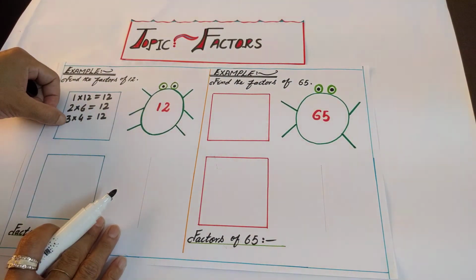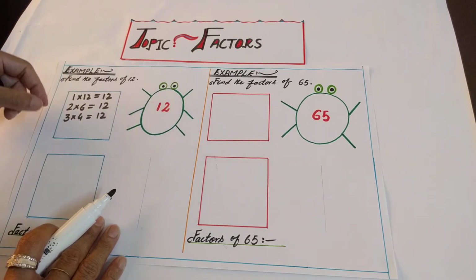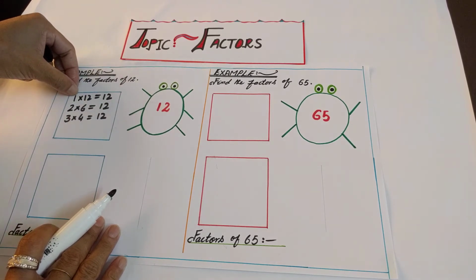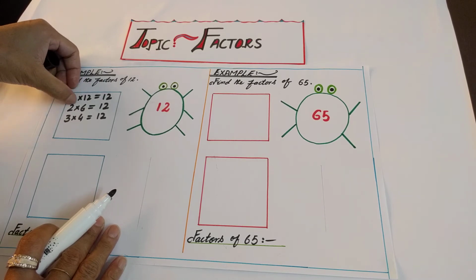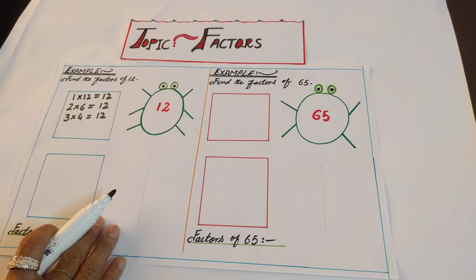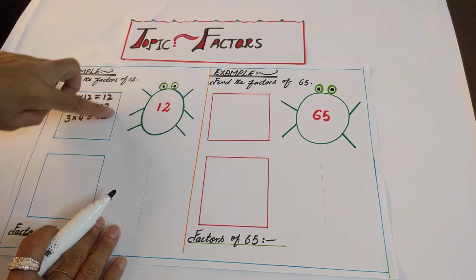So we will leave the repetition of pairs, because from here repetition is going to start. We just take the concept from here: 1 12s are 12, 2 6s are 12, 3 4s are 12. So we get 3 pairs of numbers which give the product 12.